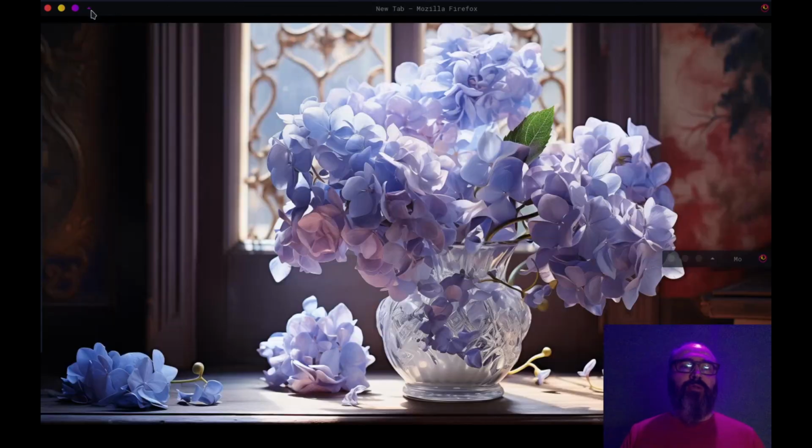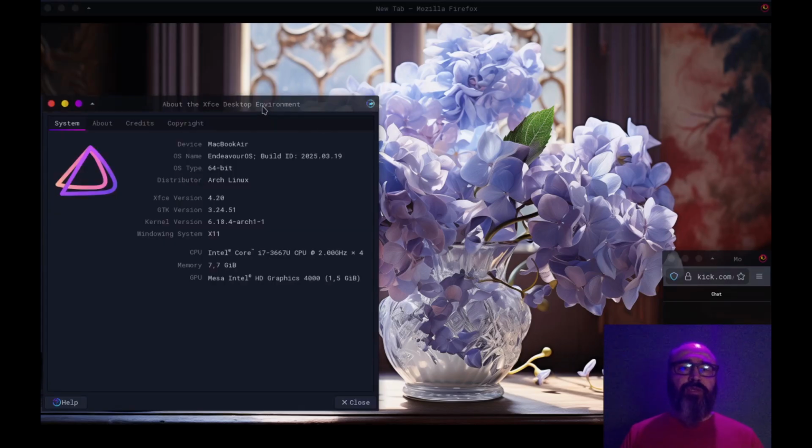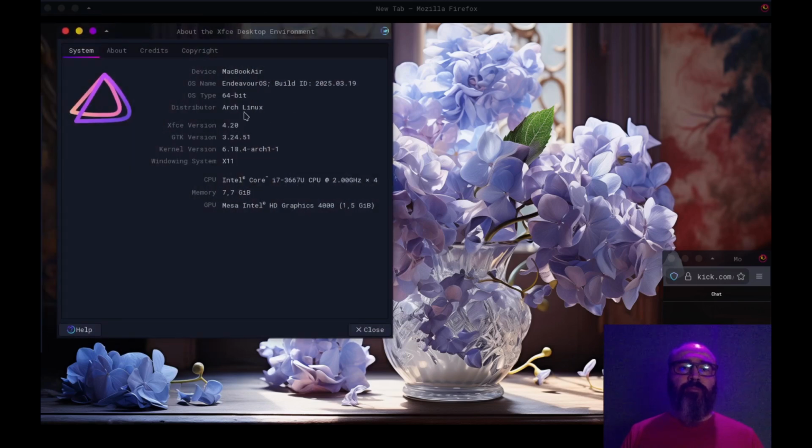So yeah, going back to using the system tools to show you what this system is. Basically, I've done it a few times in the past using the About Xfce. Okay, so basically here it says some information about the system and the EndeavourOS, etc. And down here it says the CPU model and the RAM and the GPU.